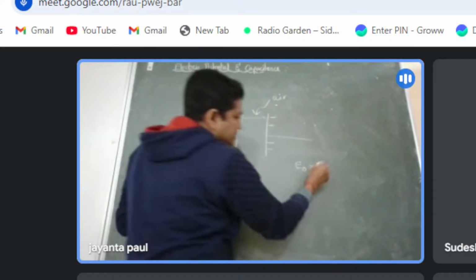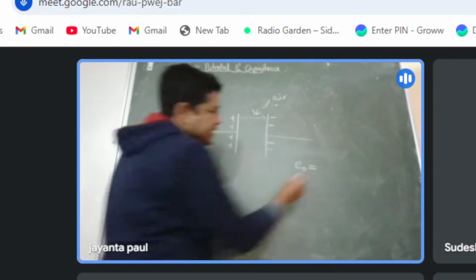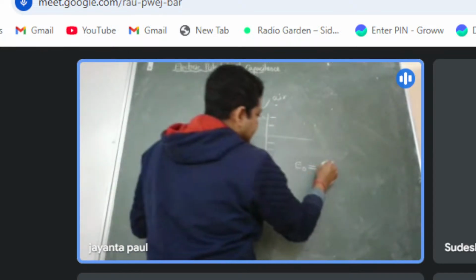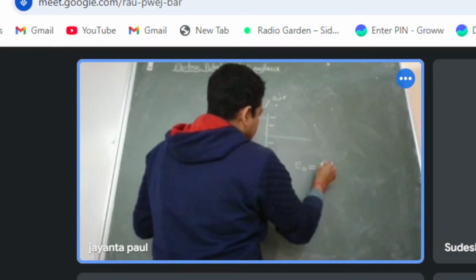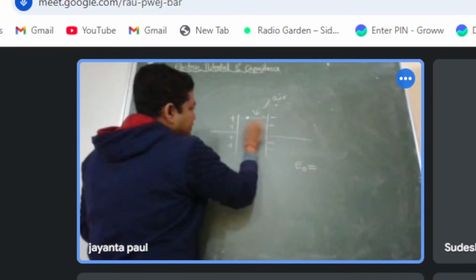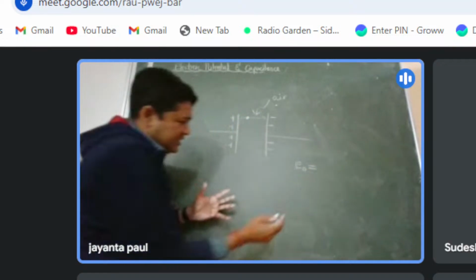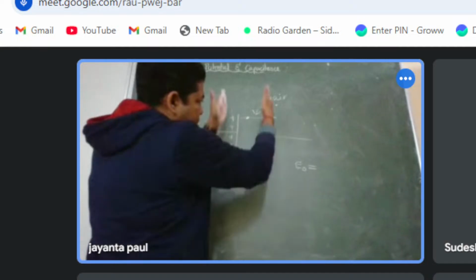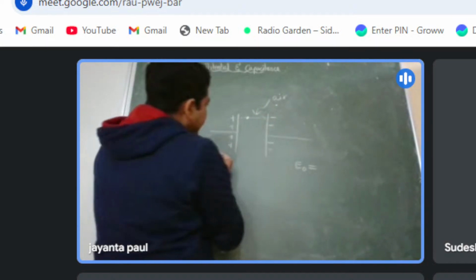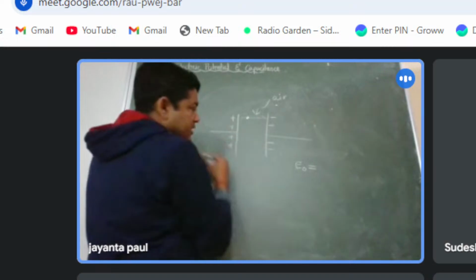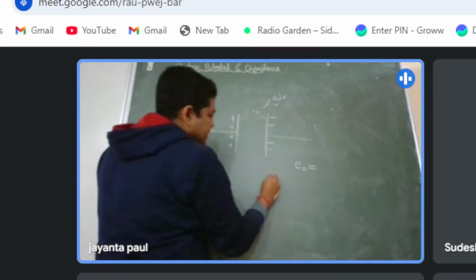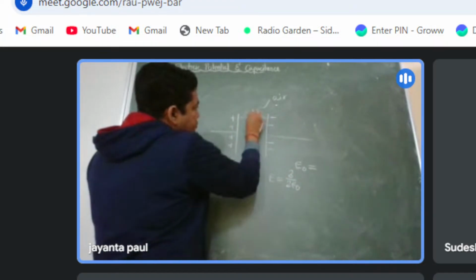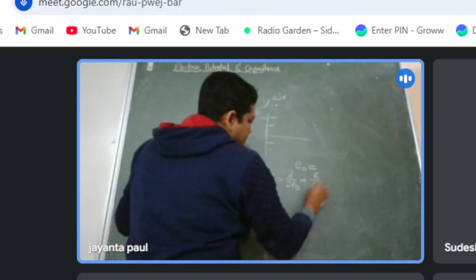This is the electric field within the plates. There was one numerical in chapter 1 that between two plates the electric field, if I consider this as a plane sheet, for this the electric field is E equal to sigma by 2 epsilon naught, and for this one also the electric field is sigma by 2 epsilon naught.